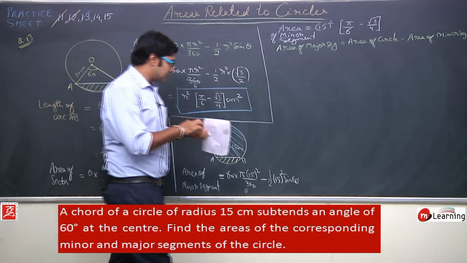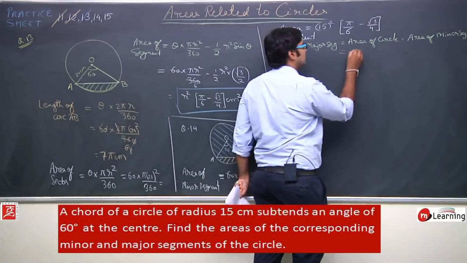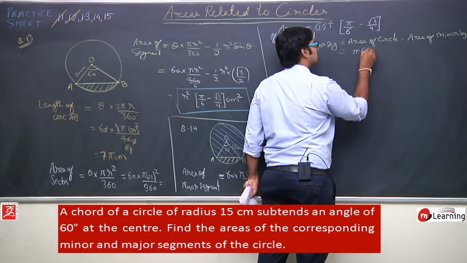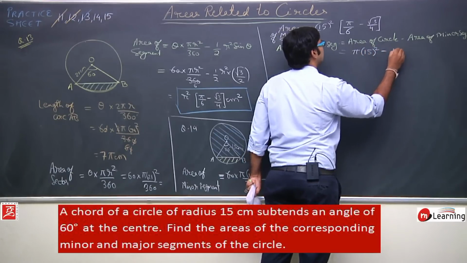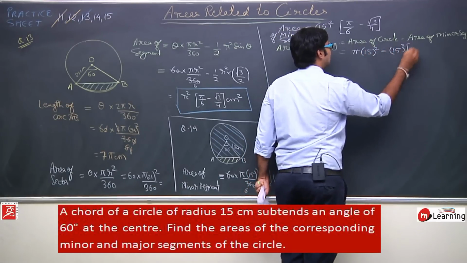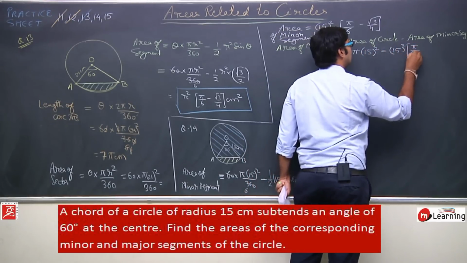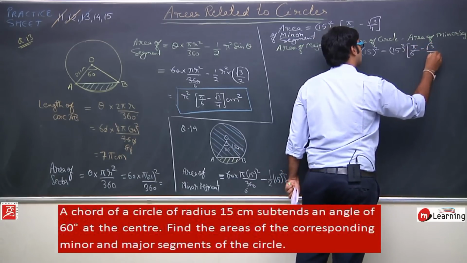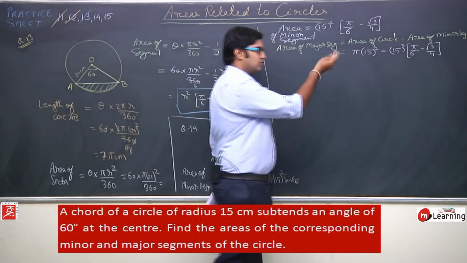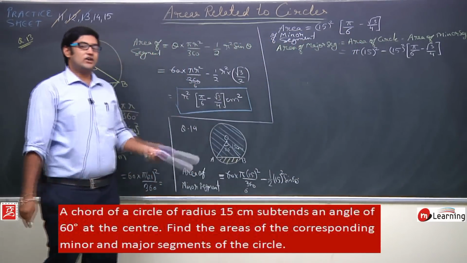Now what is the area of the circle? The area of the circle is pi into 15 square minus 15 square to the bracket pi by 6 minus root 3 by 4. Okay, and you can solve this to calculate the area of the major segment.